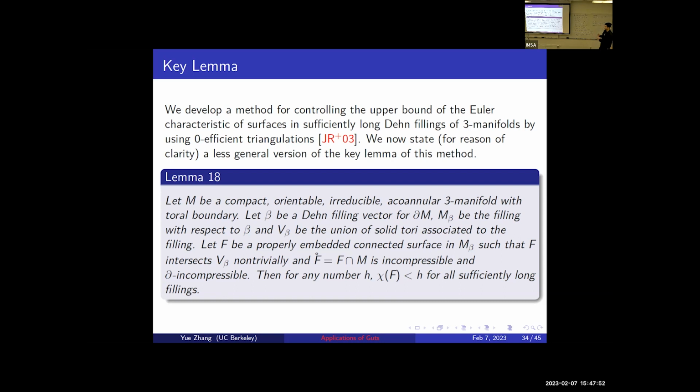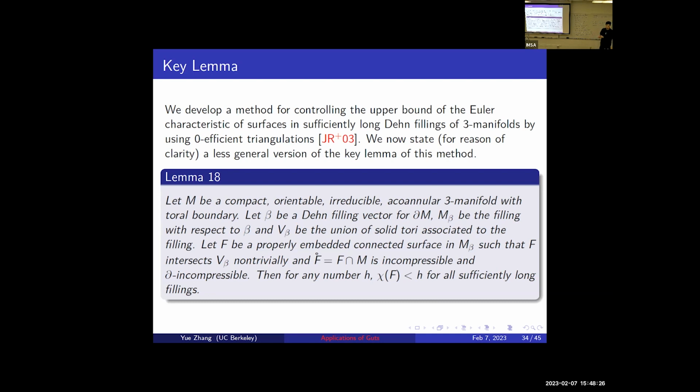Then for any number H, we can show that for all sufficiently long fillings, the Euler characteristic of F is smaller than H. And this is very powerful because for any H, you just pick a finite set of slopes, and then excluding those slopes, every surface F has low Euler characteristic, and that means that it's very complex.